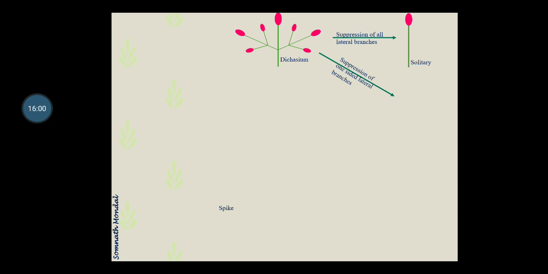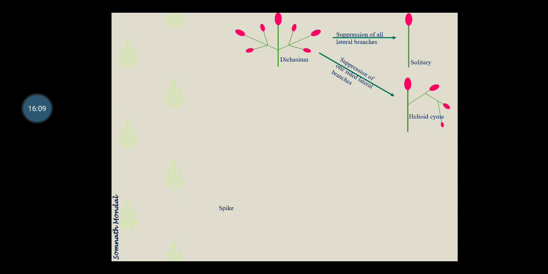Now coming to the evolution of these types. Dichasial cyme, or dichasium, seems to be the most primitive one. From this, several lines of evolution have been predicted. In one line, by suppression of all lateral branches, solitary inflorescence may develop. In another predicted line, if one-sided lateral branches are suppressed, it will give rise to helicoid cyme.